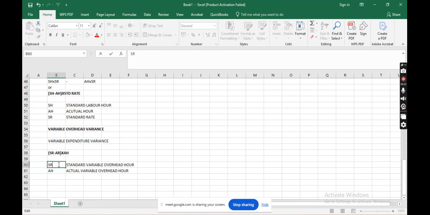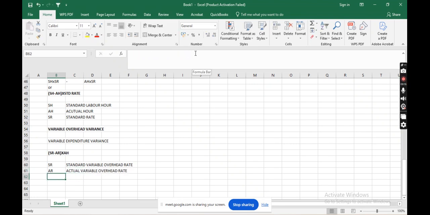So this is standard rates, actual rates. So standard variable overhead rates. That is why I said use variable expenditure variance as rates, because it is a cost variance, right? Variable expenditure variance, that is standard variable overhead rates. AR is the actual variable overhead rates.